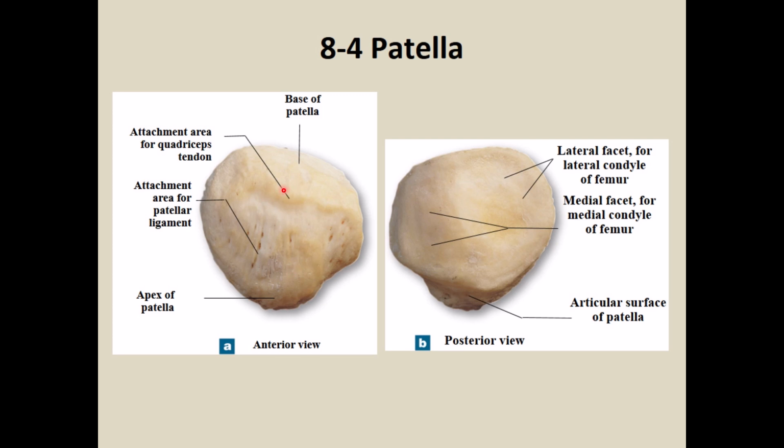Here the quadriceps tendon attaches, and the quadriceps muscles of the thigh can cause extension of the knee. And in the lower part, the patellar ligament attaches, and the patellar ligament is connecting the patella with the tibia. I will show it to you later.